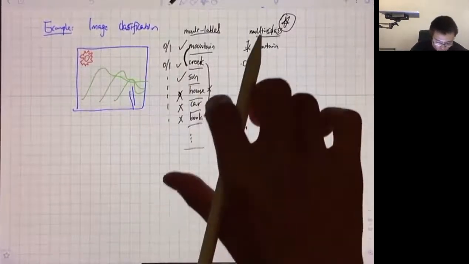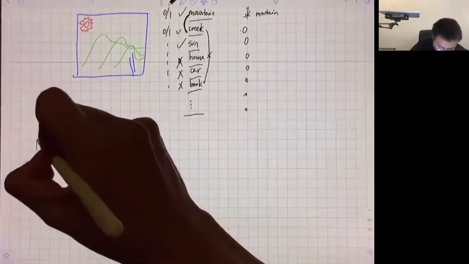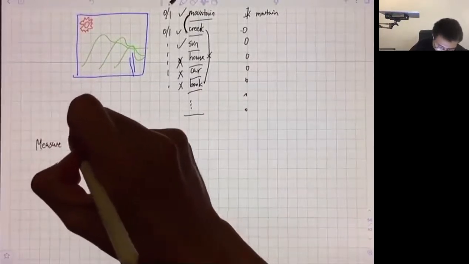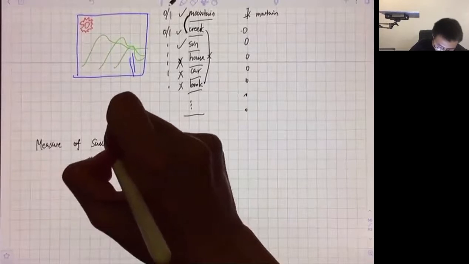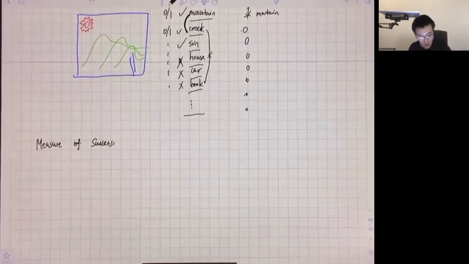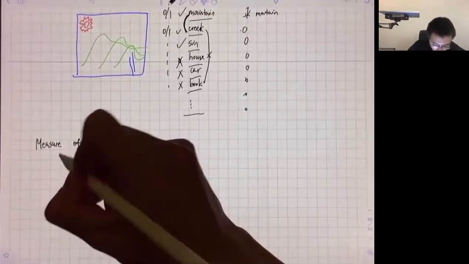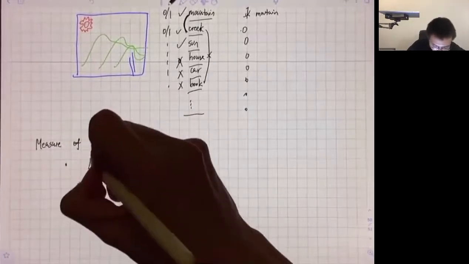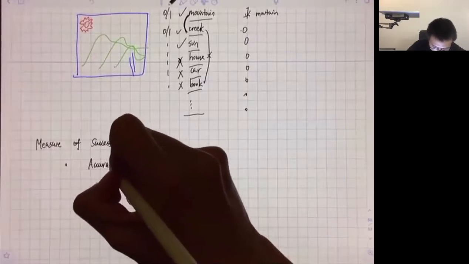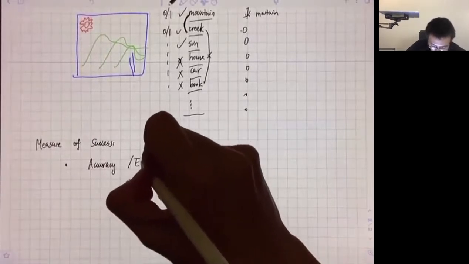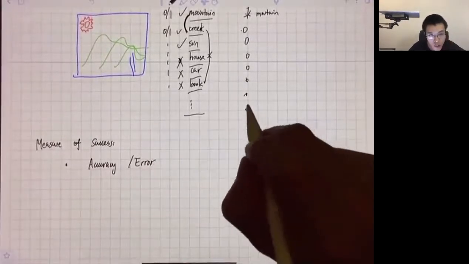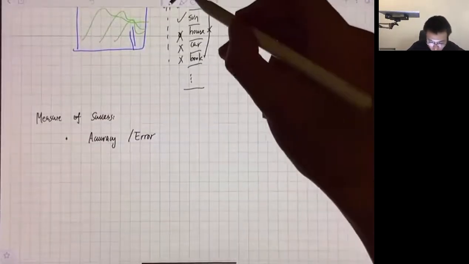Next, we are going to talk about the measure of success. How can I measure whether a model is successful or not? The most commonly used metric is the accuracy or the error. They are the same thing, right? 1 minus error is the accuracy. So let's talk about accuracy.